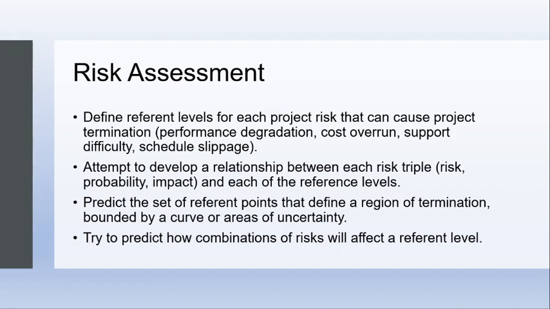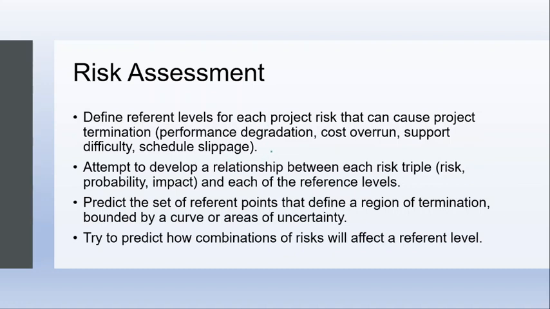risk assessment and risk refinement, these are alternately used. No, this is a risk assessment. Once again, let's have a look. It defines the different levels for each project risk that can cause project termination, performance degradation, cost overrun, support difficulty, schedule slippage.